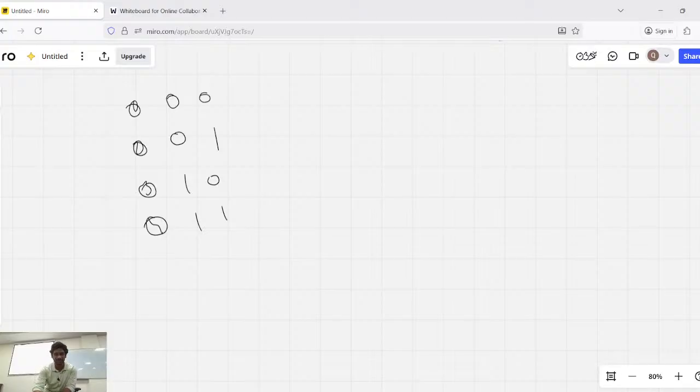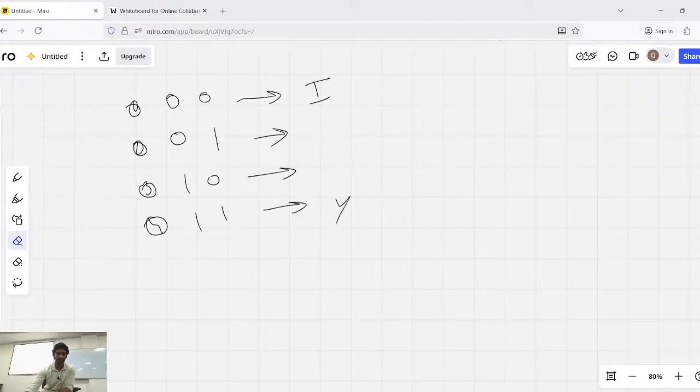The gates will look simply like this. For 00, she will apply an identity gate. For 01, she will apply an X gate. For 10, she will apply a Z gate. And for 11, she will apply a Y gate. Got it? Wait, it comes in reverse order.